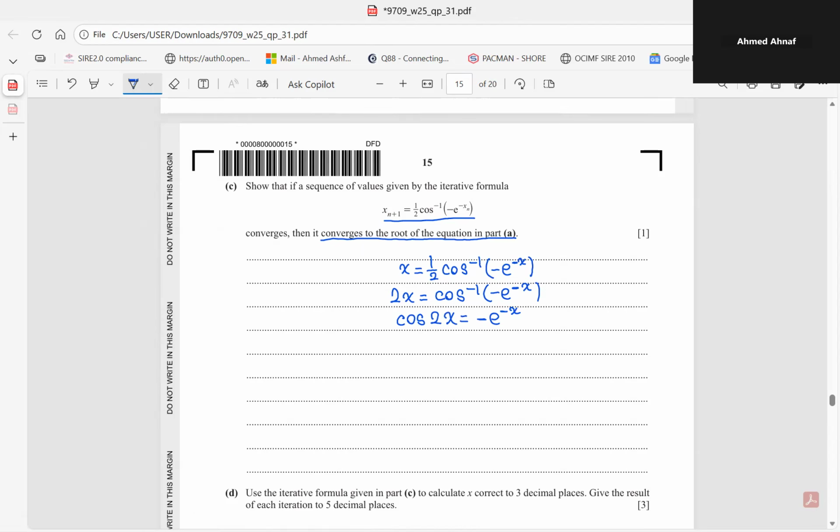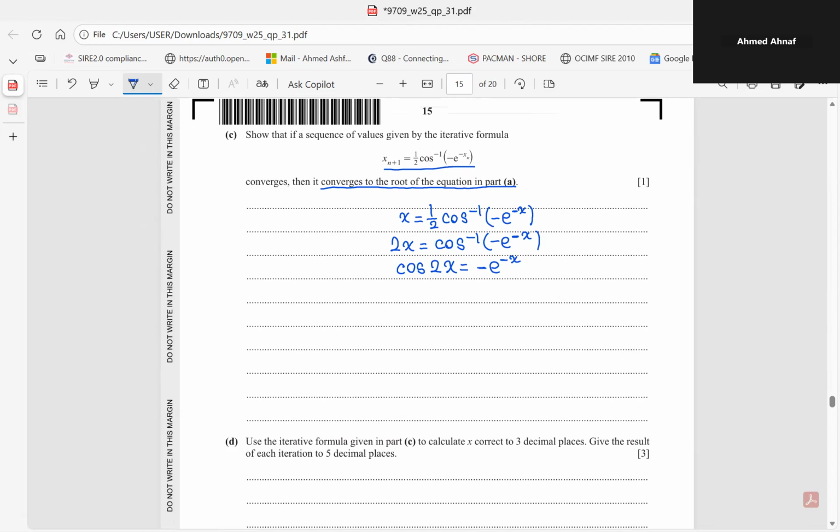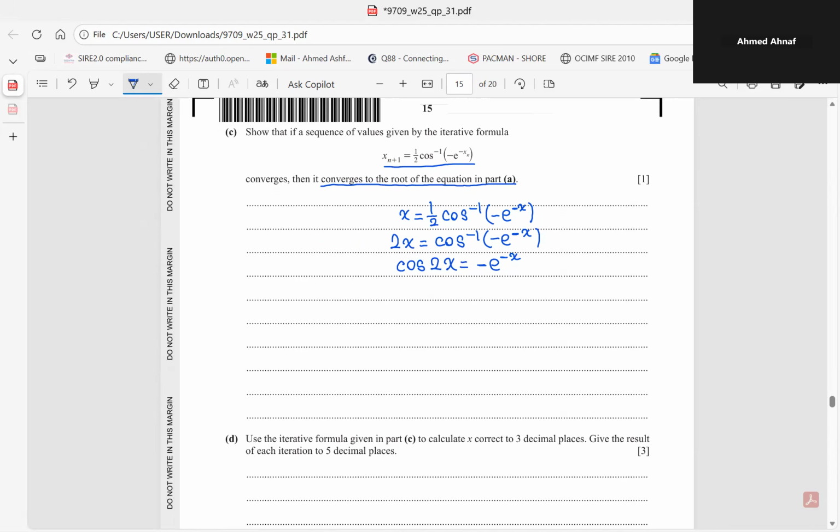And now we can rewrite negative e to the power of negative x as negative 1 over e to the power of x.